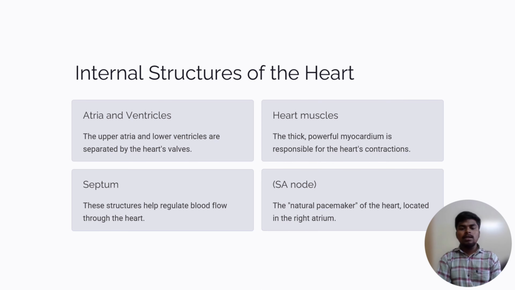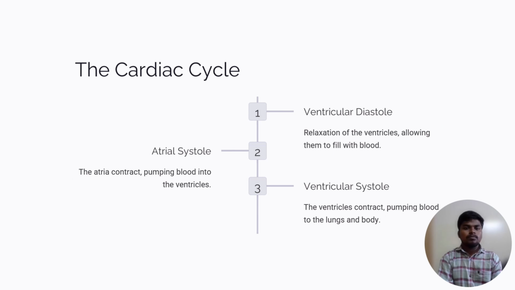SA node: it is the natural pacemaker of the heart, located in the right atrium. The cardiac cycle: first ventricular diastole, atrial systole, and ventricular systole.